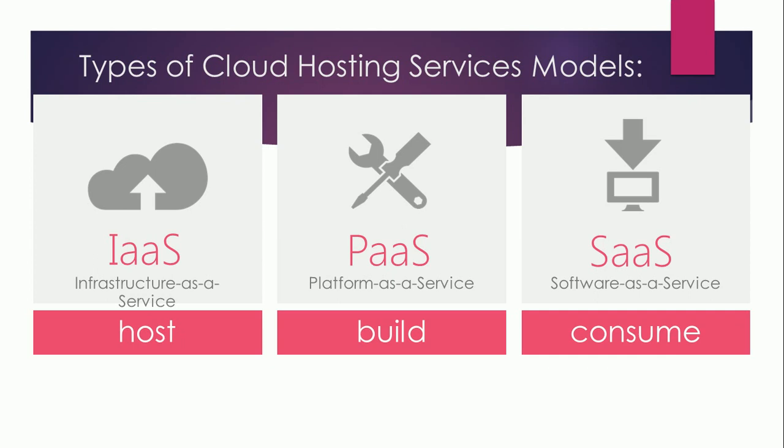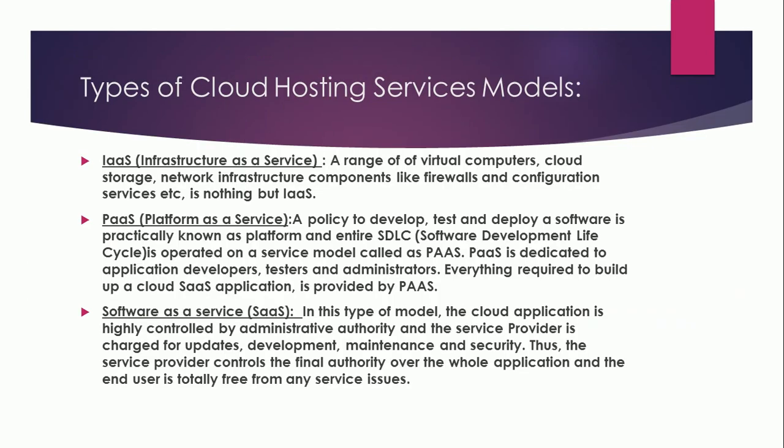Whenever we are selecting IaaS, infrastructure as a service, we're going to host the servers, and whenever we are selecting PaaS, platform as a service, we are going to build. It is the best category for the developers. SaaS means everything is built already, we just have to use it and pay the amount for the consumption. So next, let's look at IaaS, PaaS and SaaS in detail.